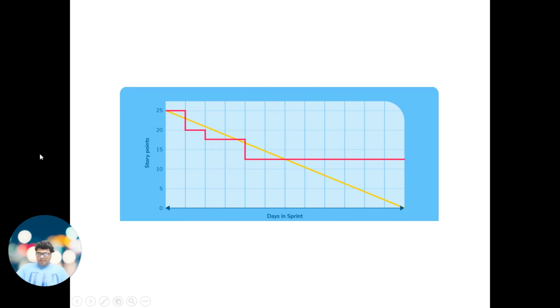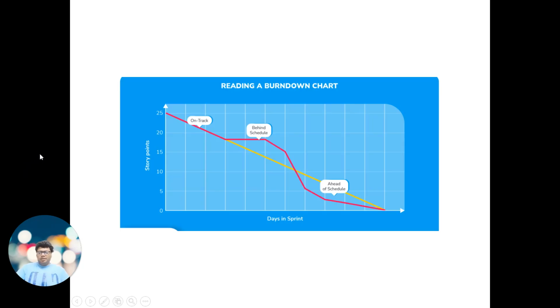Now, this is how to read the burndown. The team committed 25 story points and, say, 10 working days. This is the ideal burndown chart, straight. If the graph is moving upwards, it means that it is behind schedule.